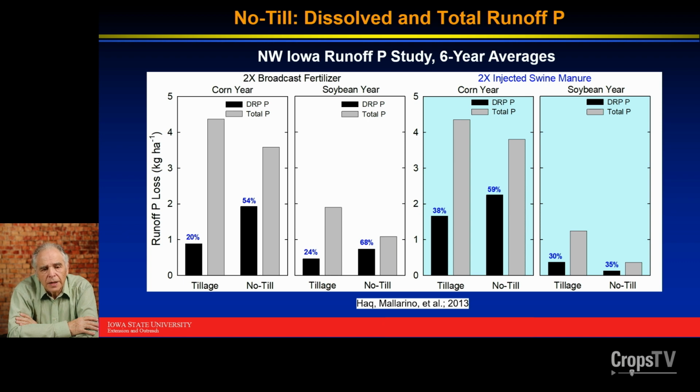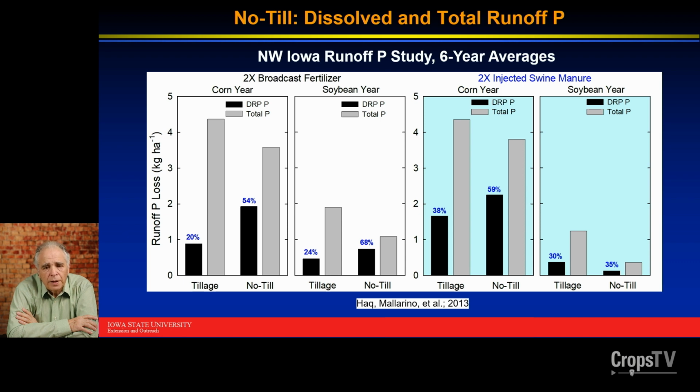This is very important because it means that no-till is great, and we reduce total phosphorus loss. However, like this experiment shows, we increase the proportion of dissolved P loss, and that P loss can be increased. For example, in the corn year, we have about 1 kilo per hectare of dissolved P loss, and with the no-till, we have almost 2.